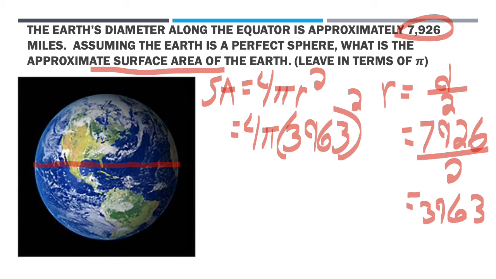Let's check that out. So we have 3,963 squared. OMG! 15,705,369. Good Lord! I don't even want to write that down. Let's go ahead and multiply that by the 4.